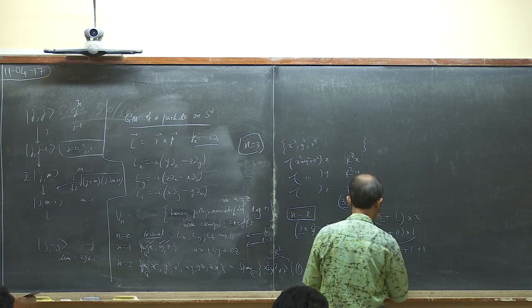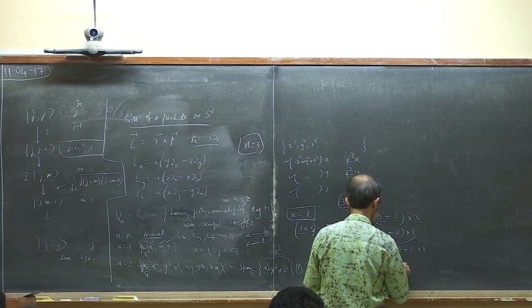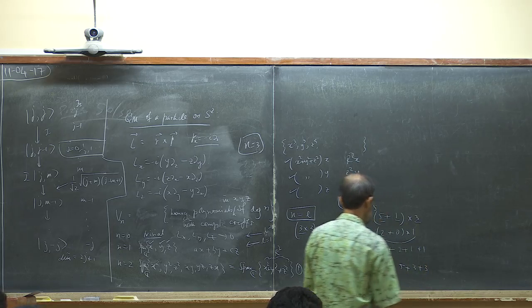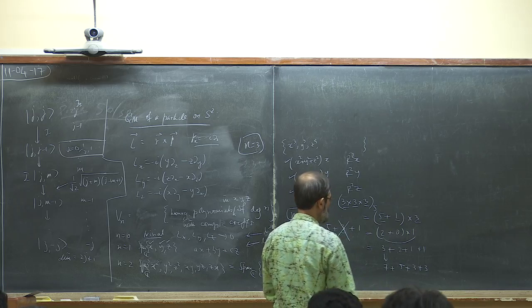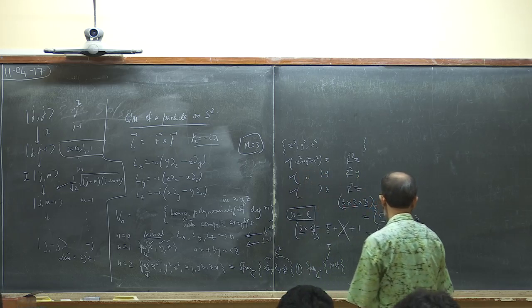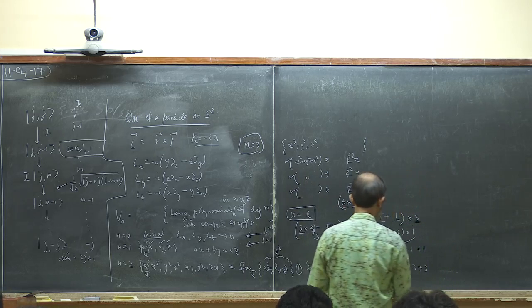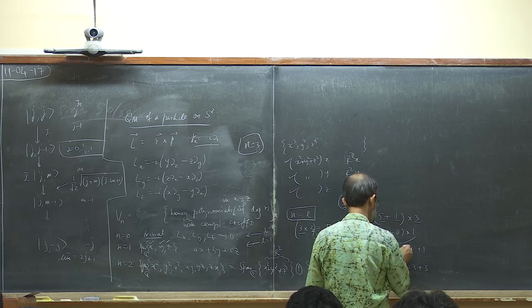So the dimensionality of this is 7, this is 5, and this is 3, and this is 3. Symmetrization has taken away some things here, and I believe that the further symmetrization of these will get rid of this one, get rid of this.